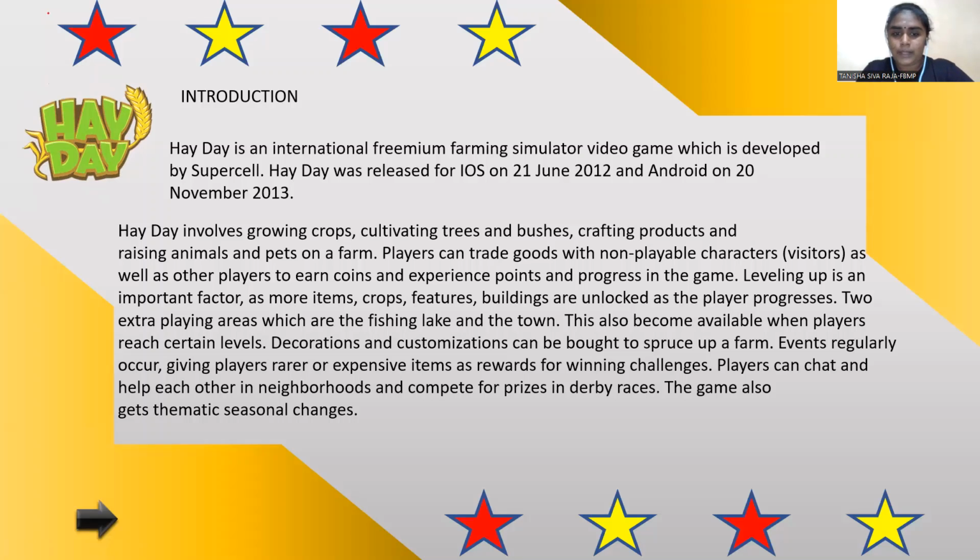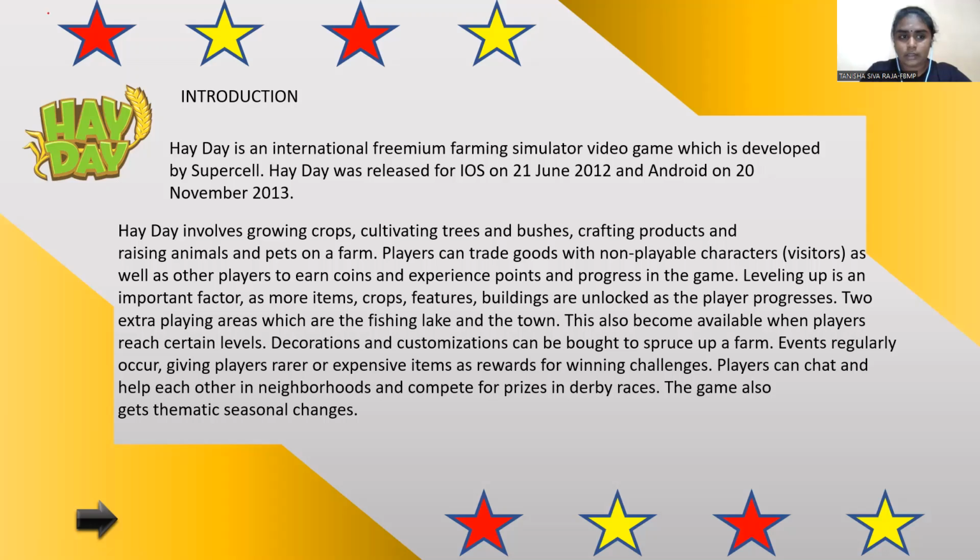Players can trade goods with non-playable characters as well as other players to earn points and experience points and progress in the game. Leveling up is an important factor, as more items, crops, and buildings are unlocked as the player progresses.